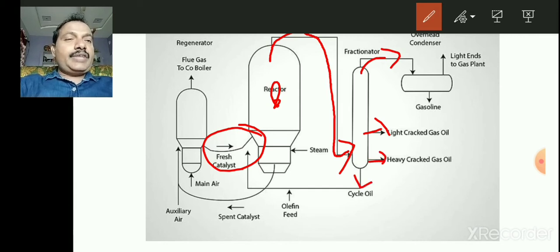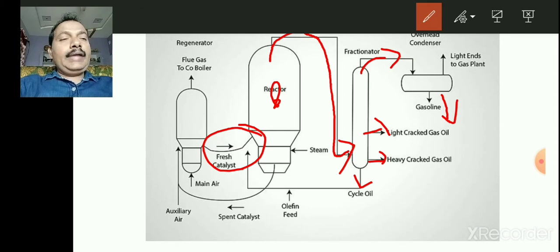These are the products available from the fractionator, and from the top it is sent to the condenser. This condenser will produce gasoline.